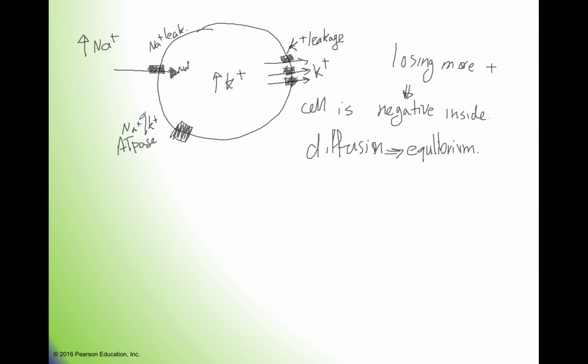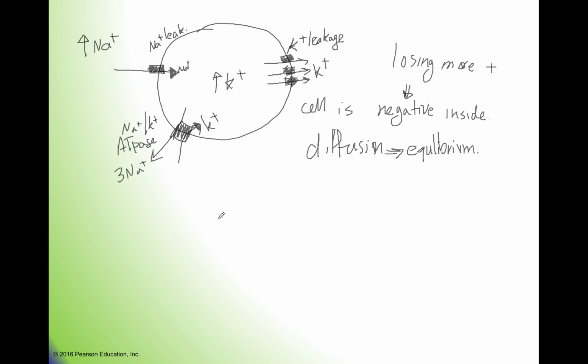What are these channels going to do? They're going to push sodium out, 3 at a time, and they're going to put potassium back in, right? Which means now my potassium is continuously being regenerated inside the cell, which means it can leak out. And sodium is being continuously pushed out and then can leak back into the cell using the leakage channels.